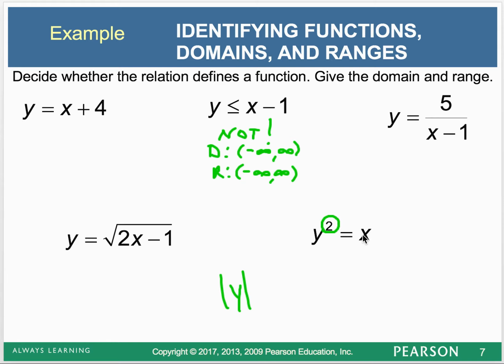Hey, if this x is 9, if I've got a y squared, this could be 3 or negative 3. I've got one x going to two y's, right? So I can't have anything on my y value that makes two different numbers equal the same value. So even exponents, absolute value bars, that's the kind of things that I'm looking for there.